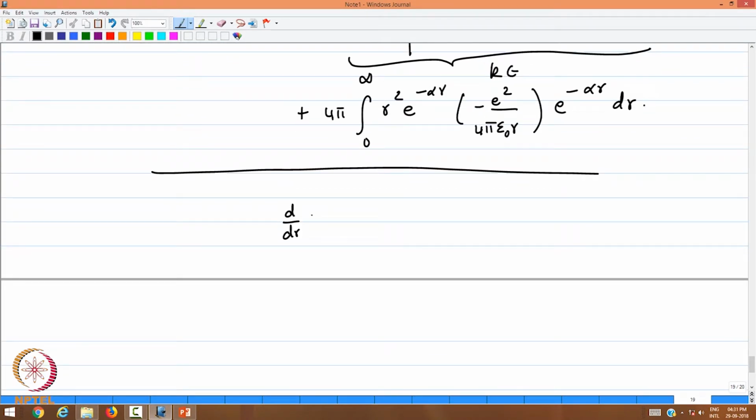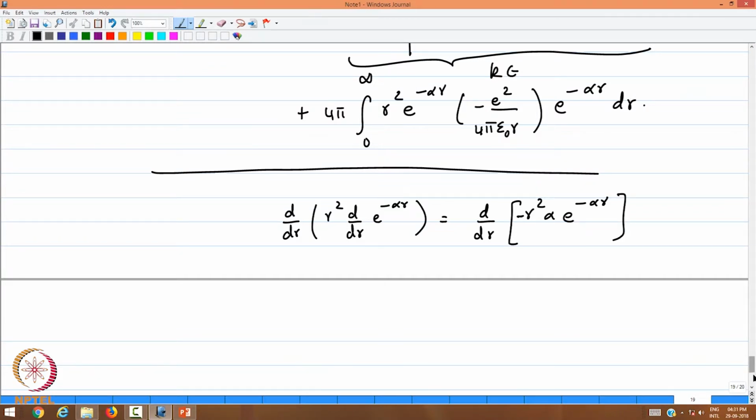So, if you write this d by dr, r square d by dr of exponential minus alpha r, then what you have is d by dr of minus r square alpha e to the minus alpha r.